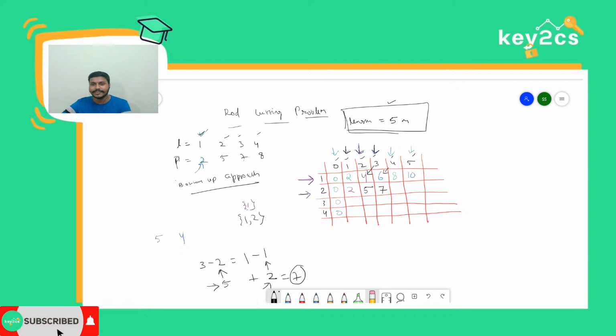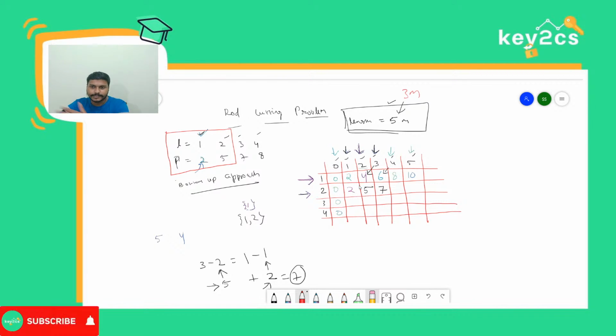Maximum profit would be 7. Are you getting my point? If the question, instead of 5 meter, was 3 meter, and the data for all possible lengths up to 3 were given, the solution would be 7, the last value. The last column, last row value would be the solution here.